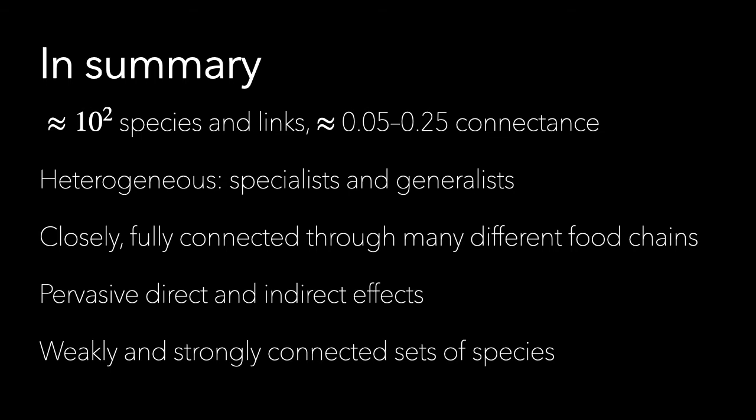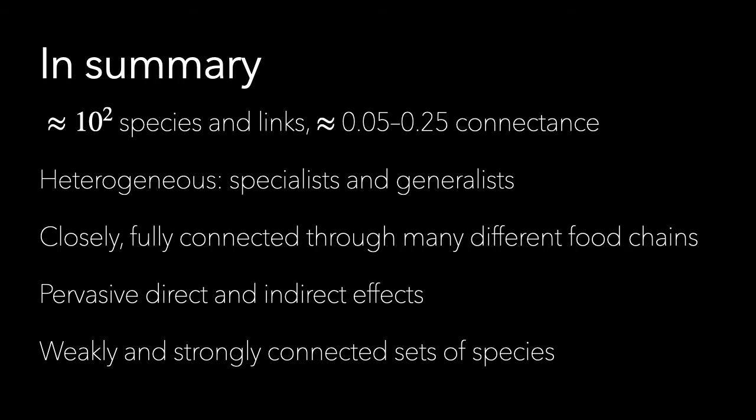But food webs are also closely, fully connected through many different food chains. There are many paths that can link two remote species. As we saw before, just from the phytoplankton to the birds, it's enough having one other species. With two links, we will move from the bottom to the top of the food webs, and even from the ocean to the air.